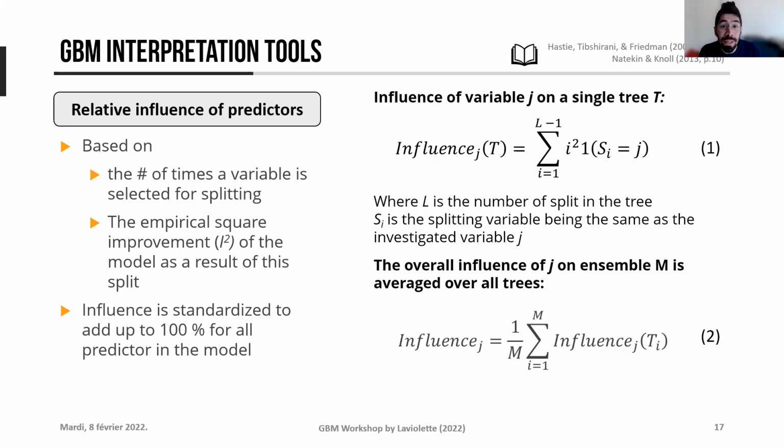If a variable is often included in a tree, it means that this variable seems to be important in the model. So it considers its influence only when the variable is selected for a tree. If a variable is not very important, it means this variable will not often be selected by the model in the tree building.